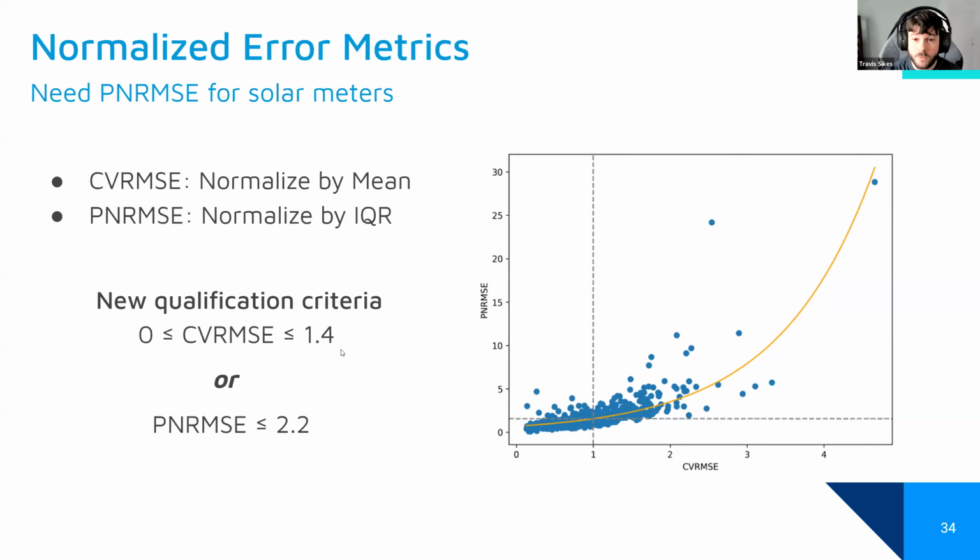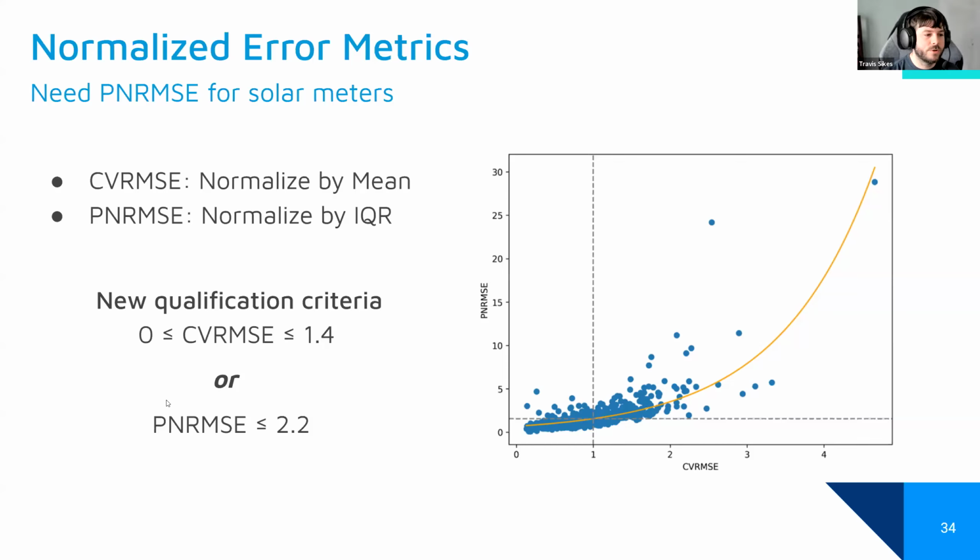Now, we don't want to remove customers which we had prior. So what we've done is we've actually made this a permissive system where you can be qualified based off of either the meter's CVRMSE or the PNRMSE. So the goal here is just to add more customers to be modeled. And if you're interested in how PNRMSE and CVRMSE are correlated, here's a plot.